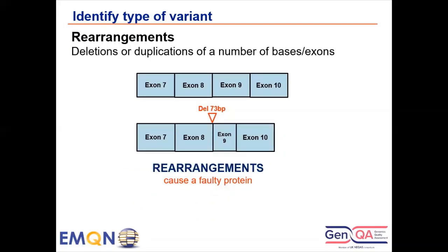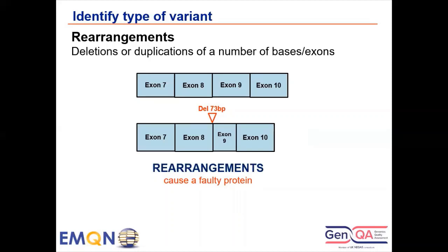More difficult to detect are large rearrangements. This means that there may be a large number of nucleotides that are deleted or inserted, and this kind of variation may not always be detectable by the standard PCR-based techniques, or even with the NGS-based techniques.